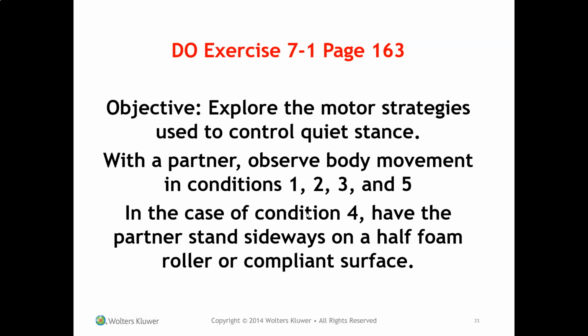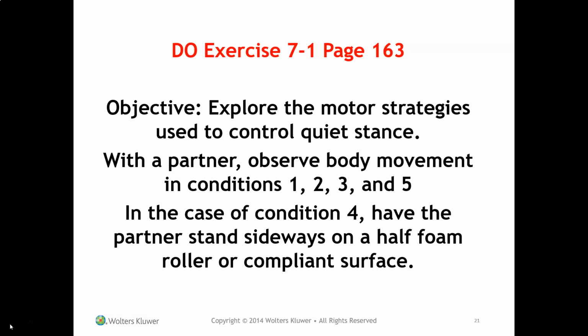We would have pushed each other from the side, had you close your eyes, open your eyes, and reach for something, and see how your postural control and reactive balance were. You can look on page 163 of your book to see how that would have been fun to do.